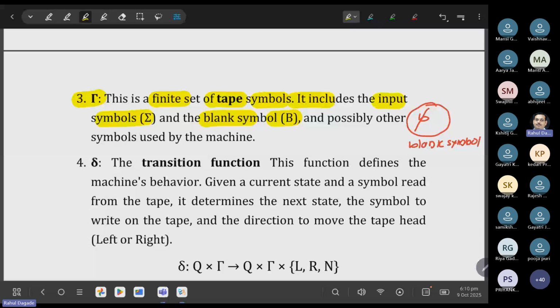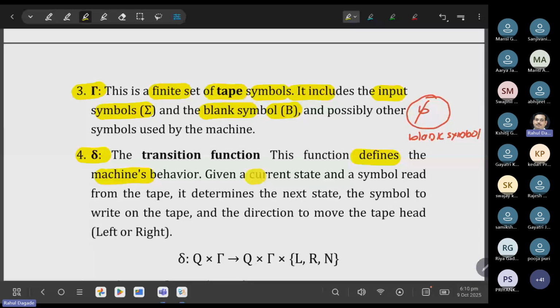Now we have a transition function delta. This function defines the machine's behavior. Given a current state and symbol read from the tape, it determines the next state, the symbol to write on the tape, and the direction to move the tape head, left or right, or no movement.